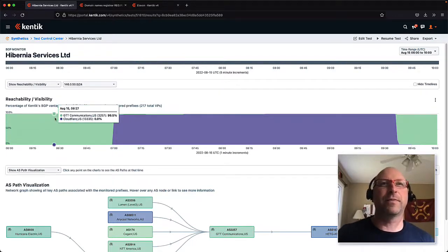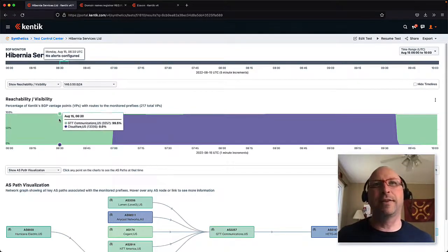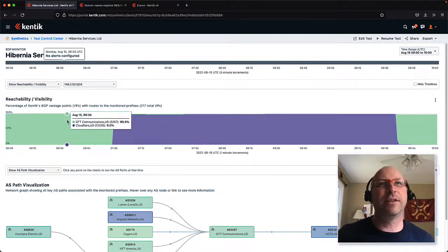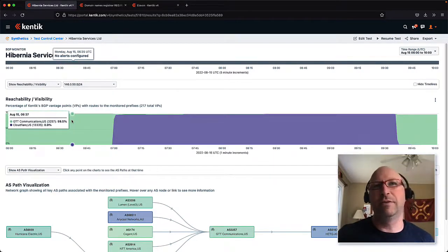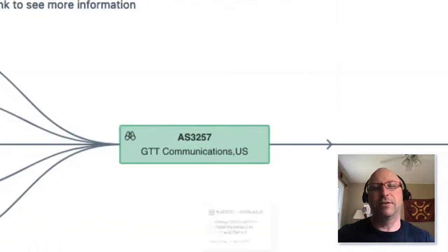What we see in this plot along the top is all of our BGP sources and the paths they take to get to this Hibernia network, which is AS51677. So prior to the activation, basically 100% of the internet uses GTT AS3257 to reach this network.